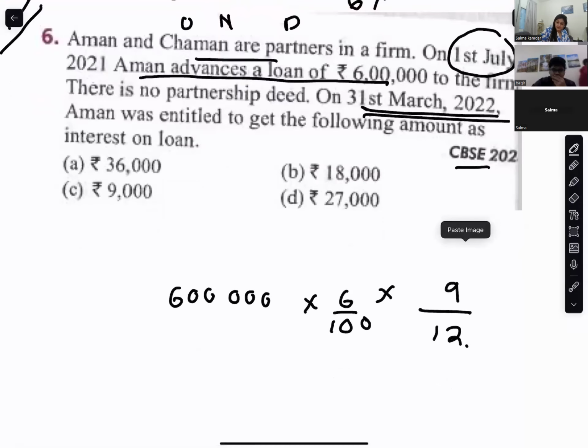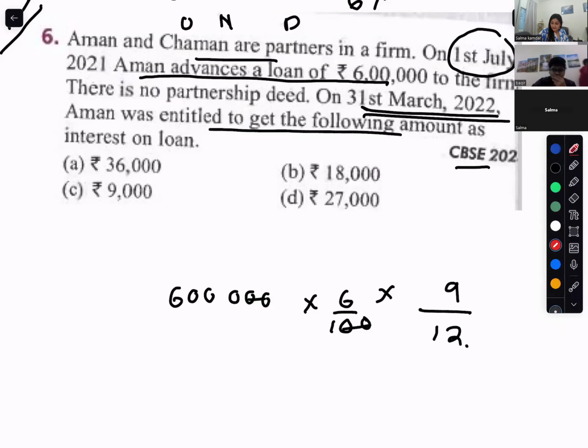So Aman is entitled to get how much amount as interest on loan. I will cancel this out. Let's do the 6. 6 twos are 12, 2 threes are 6.